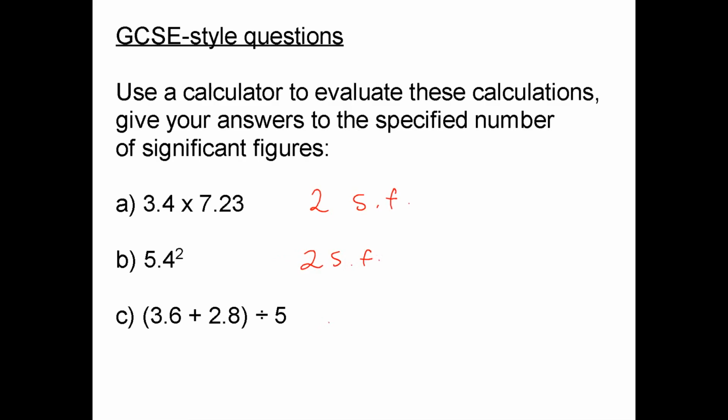And for the third one, I would like the answer to 3 significant figures. For C, I would like the answer to 1 significant figure. So please pause the video now. These are the answers.